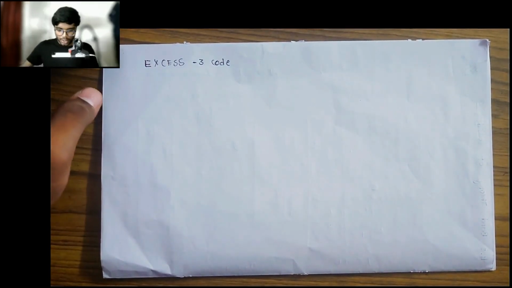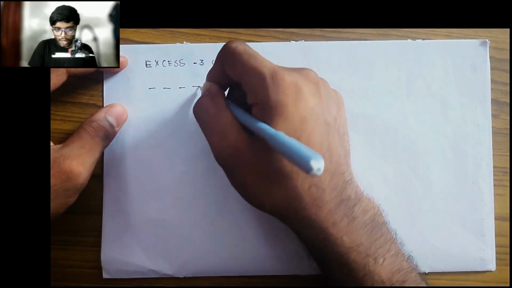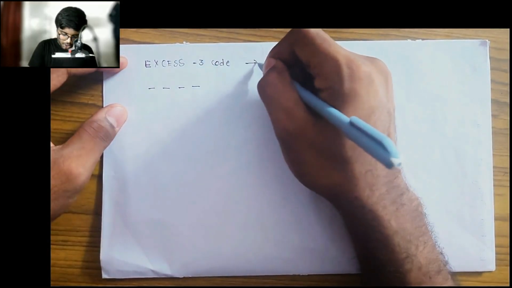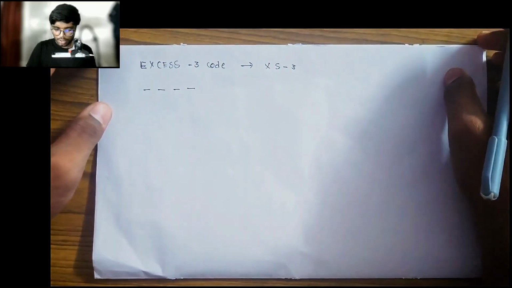Non-weighted, as the name specifies, means the positions of the bits do not carry any weight. This can also be written as XS3, and as the name states, there is no weight.